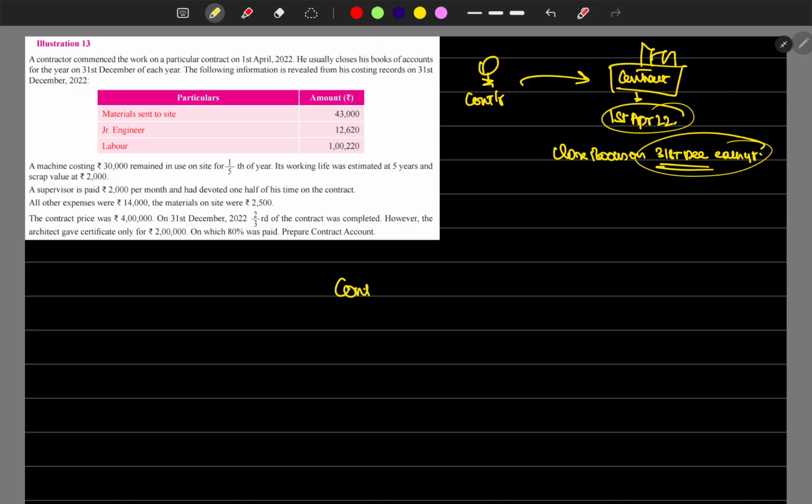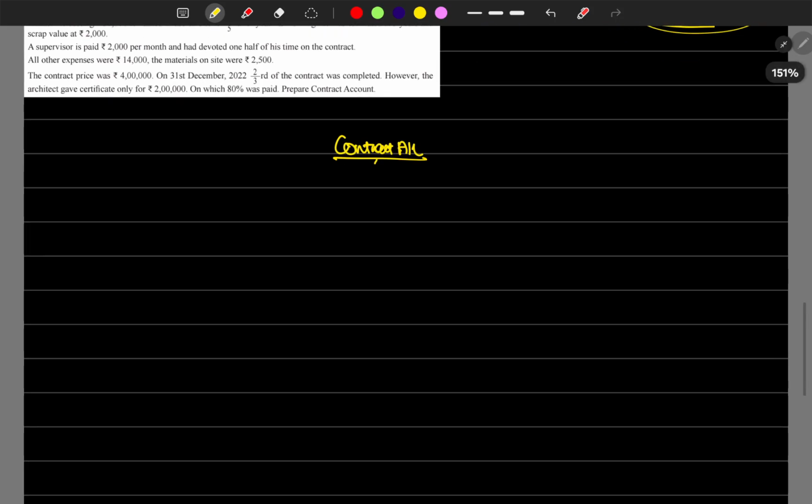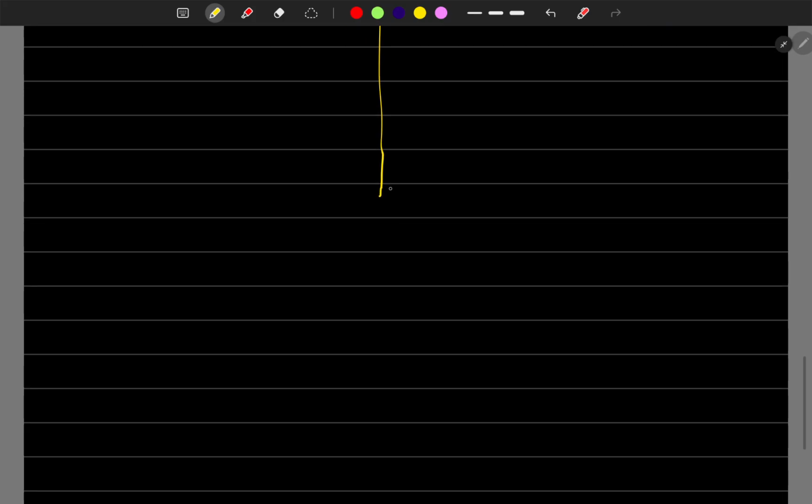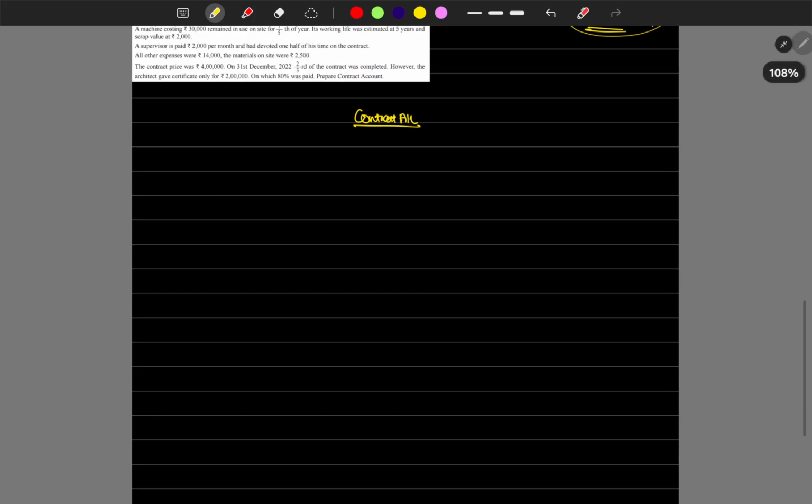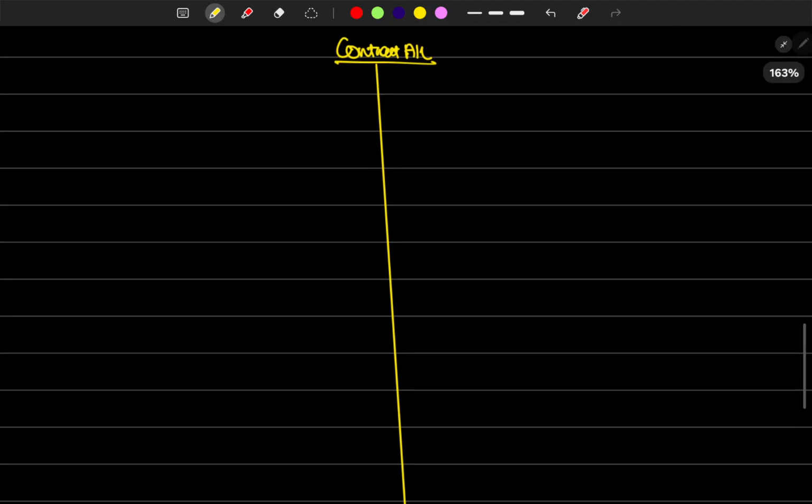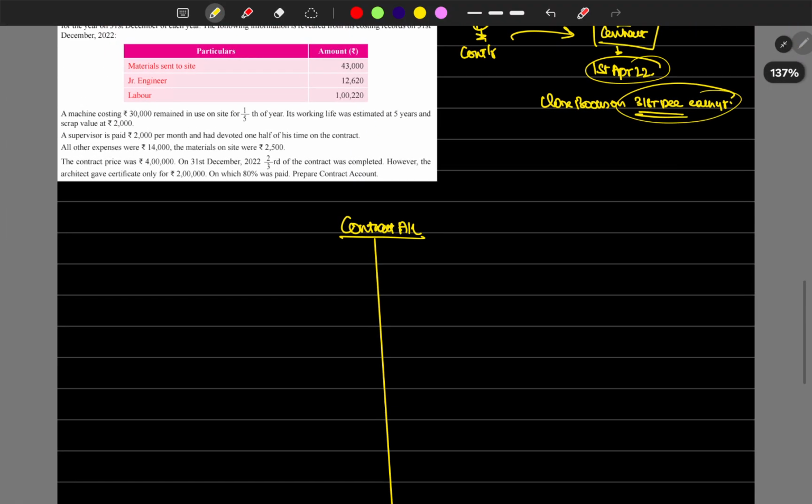In the contract account, whatever the expenses are should come on the debit side. To materials, actual materials sent to site, which is 43,000.